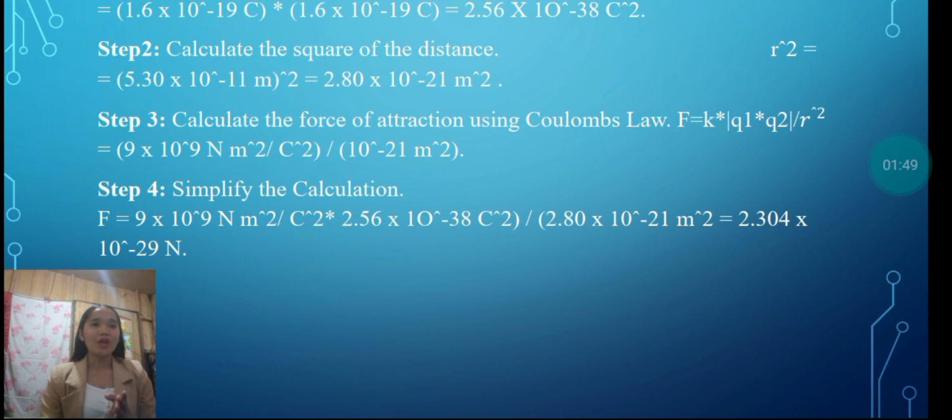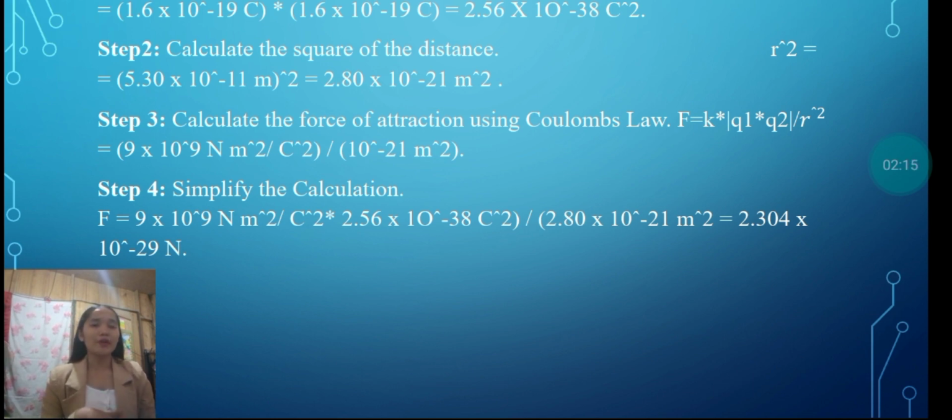Here, F is equal to K times Q1 times Q2 over R squared. The answer is 9 times 10 to the 9 newton meter squared per coulomb squared, over 10 to the negative 21 m squared. Step 4 is to simplify the calculation.